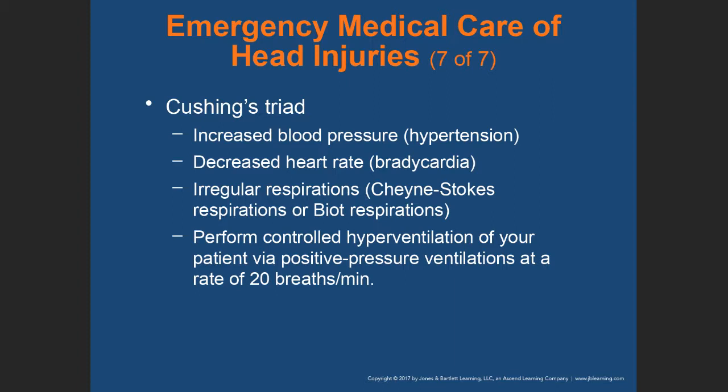So if your protocol doesn't allow it, you shouldn't be doing it. And as I said, all you're doing is shortening the intervals for your ventilation. You're not just randomly squeezing the bag. You're still bagging the patient, but it's going to be at a shorter interval. 20 breaths per minute is ideal.